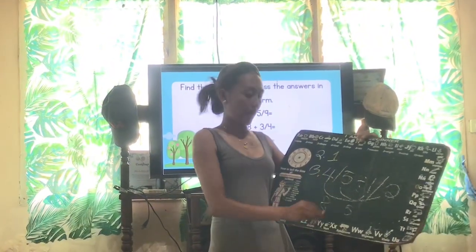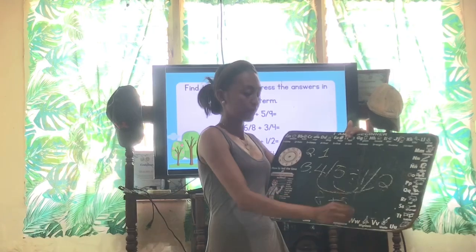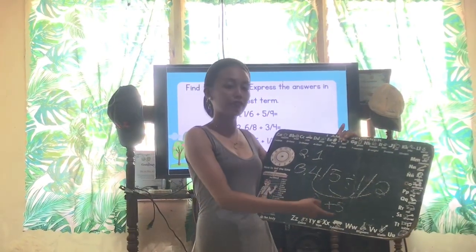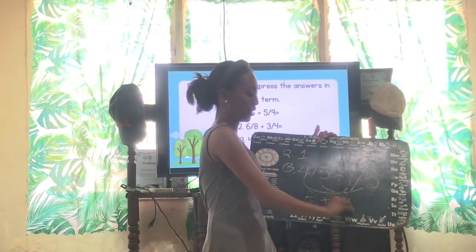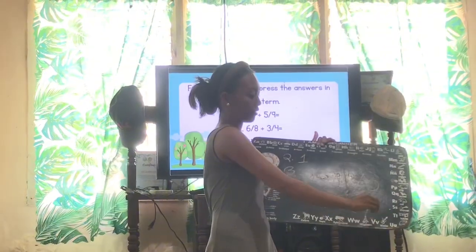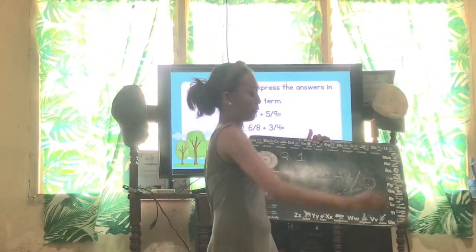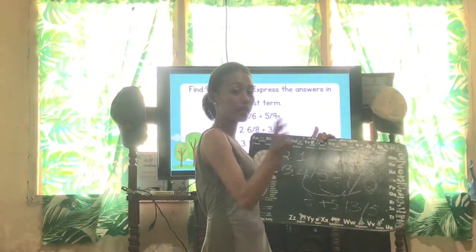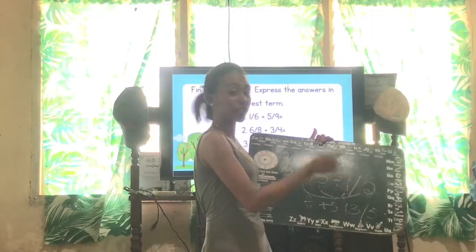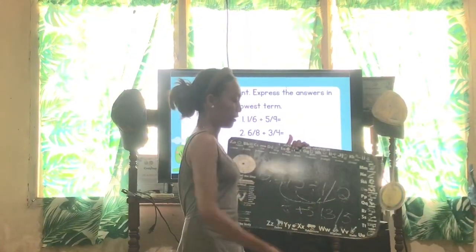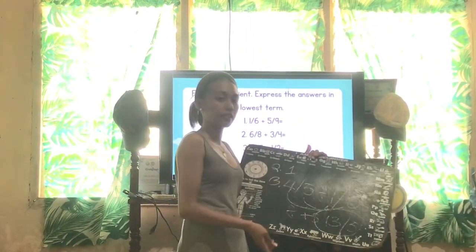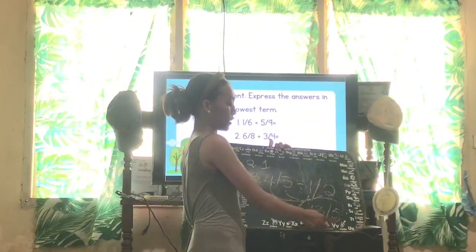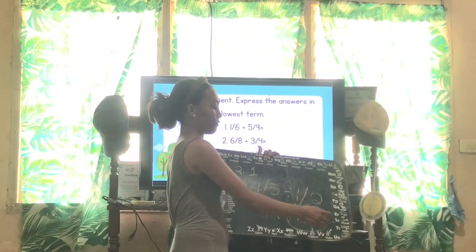And then add. Then 8 plus 5 is equal to 13, and we need to have a denominator, which is 5. So the answer is 13 over 5.